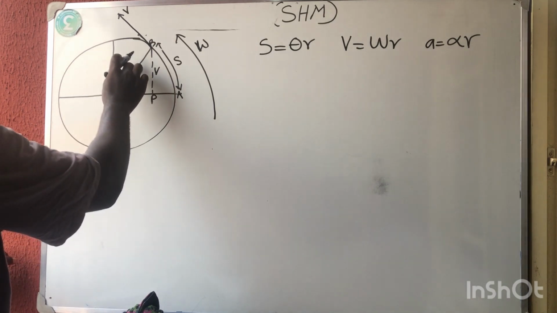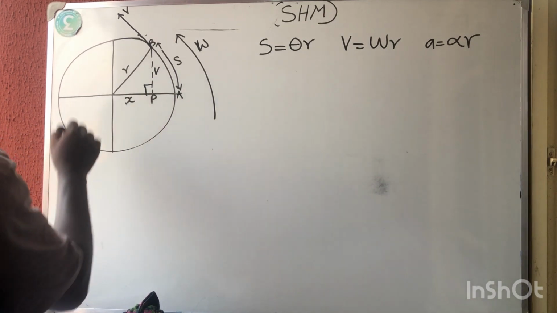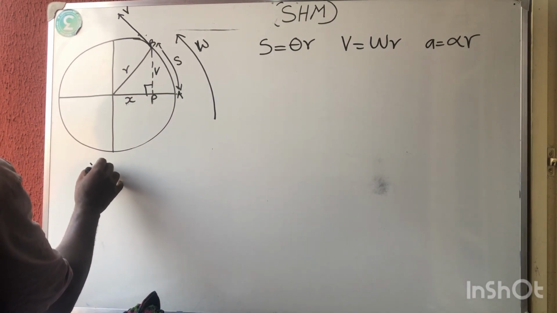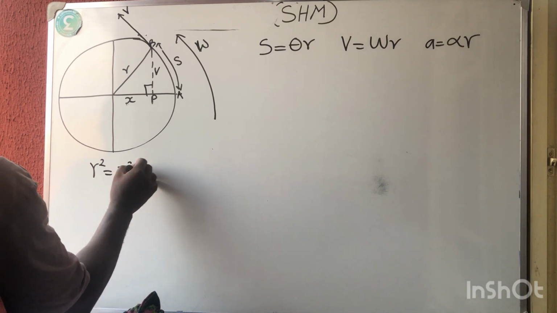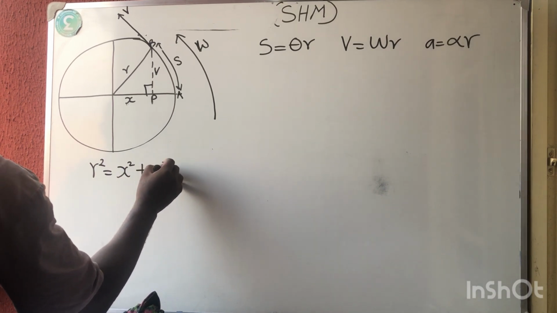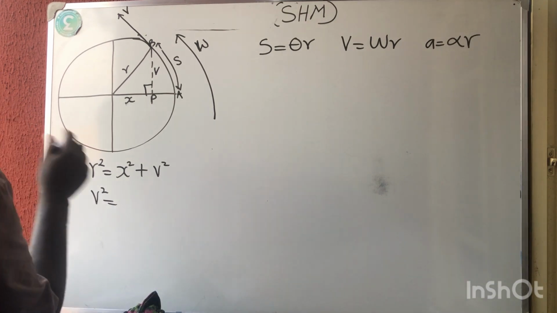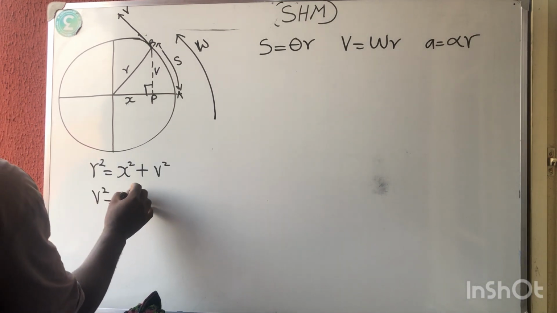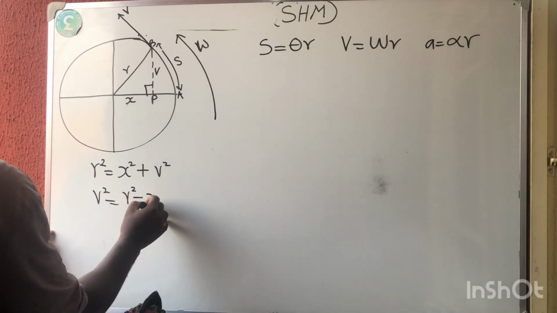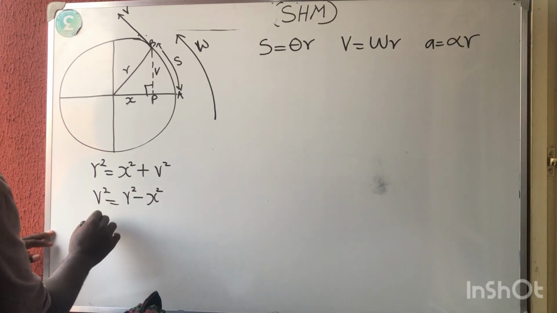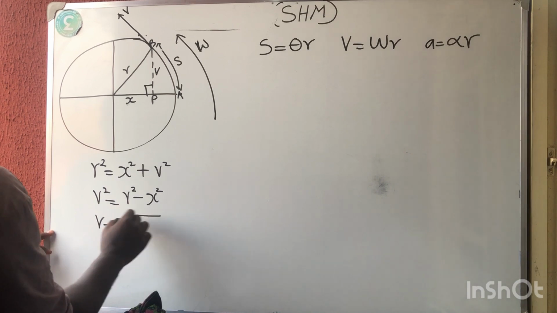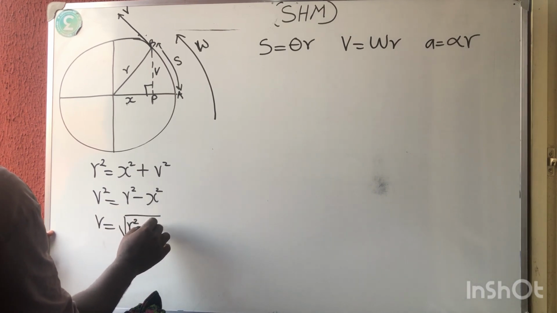You know Pythagoras theorem, if here is 90, Pythagoras theorem says that R squared is equal to x squared plus v squared. So my v squared will now be R squared minus x squared. Therefore my v is equal to the square root of R squared minus x squared.